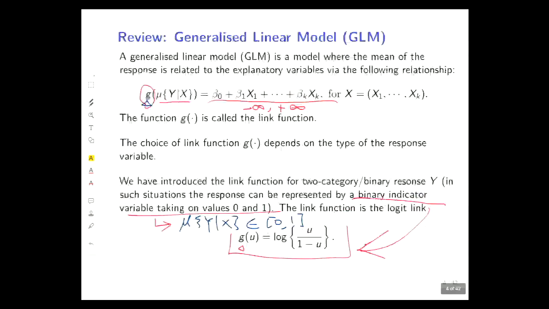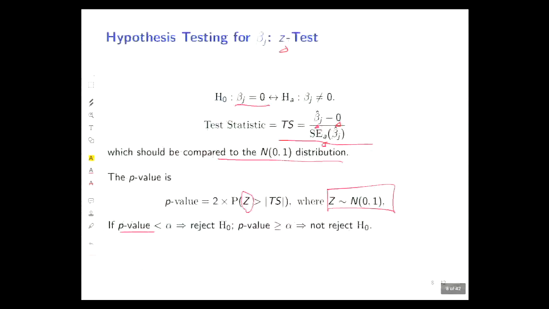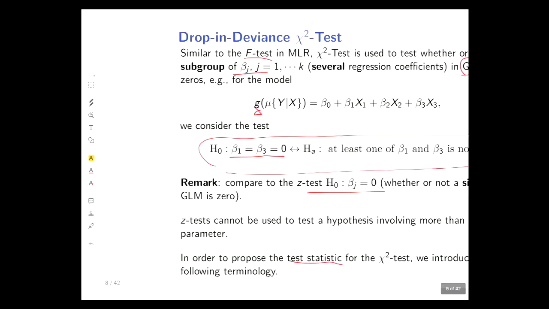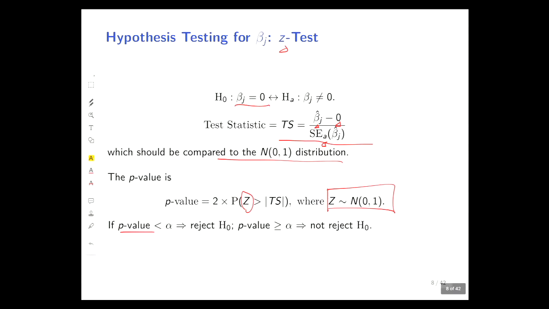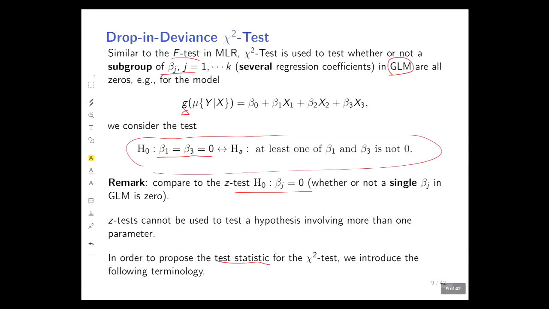In this topic, we mentioned the z-test and also the drop-in deviance chi-square test. The difference is that the z-test can only be used to test one coefficient, as you can see from the null hypothesis. But the drop-in deviance test can be used to test several coefficients.